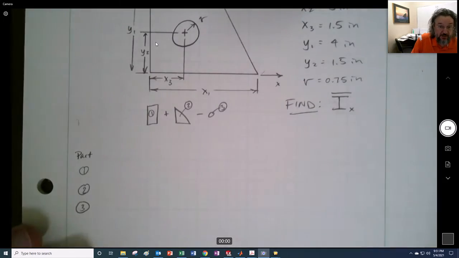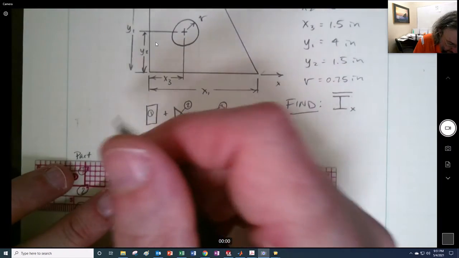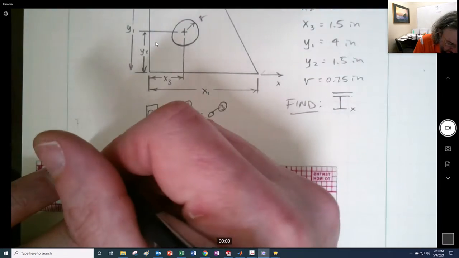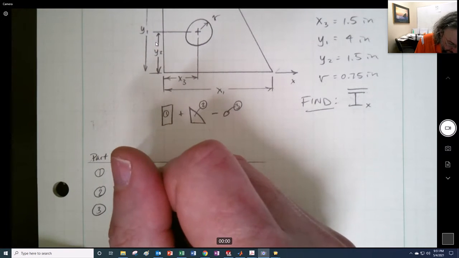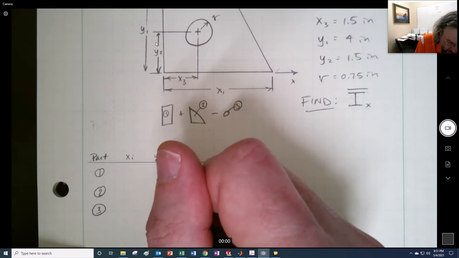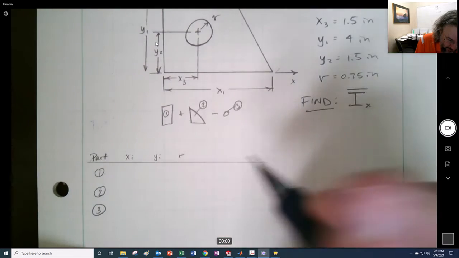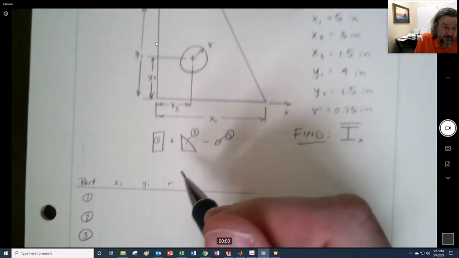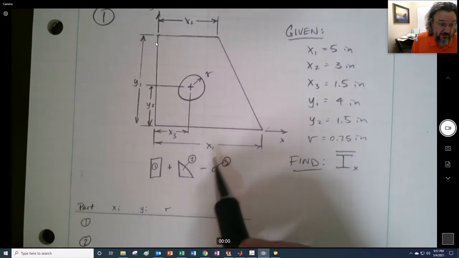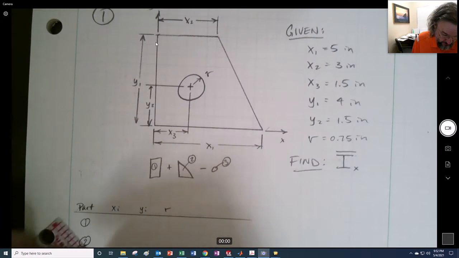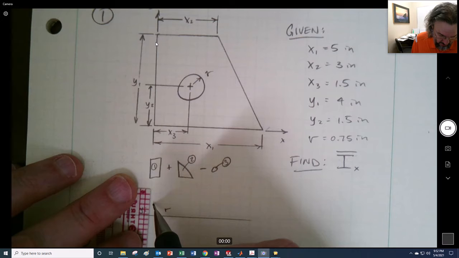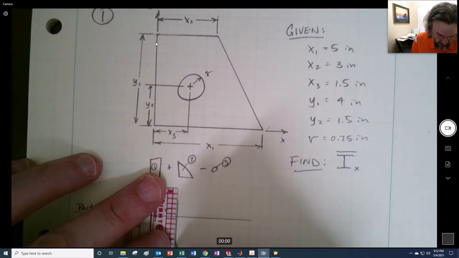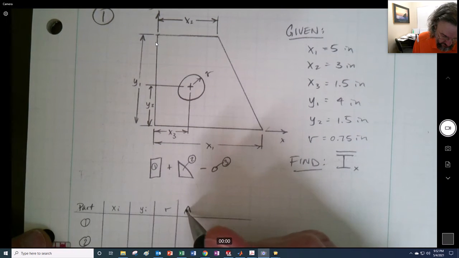It'd be nice if we could make this all in one table, but I don't know if it's going to fit. I don't think so. So I'm going to make a little line right here, and we'll say the X and the Y and the R right here. So let's see. This rectangle is going to be X. And we'll find the area next, right?